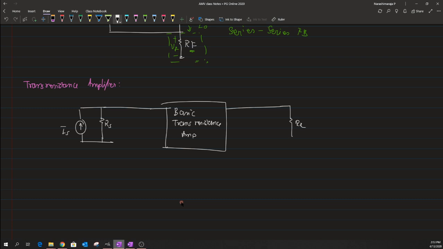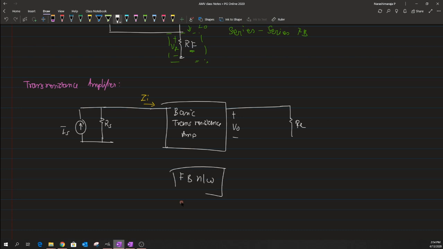The output of this is generally a voltage, and the input of the amplifier is generally a current, a current Ii.